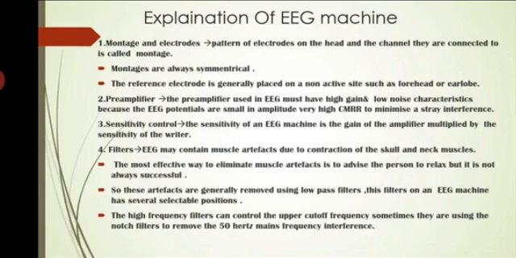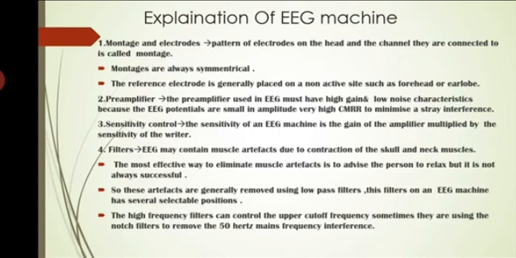Montage and electrodes. The pattern of electrodes on the head and the channel they are connected to is called the montage. Montages are always symmetrical. The reference electrode is generally placed on a non-active site such as the forehead or earlobe.